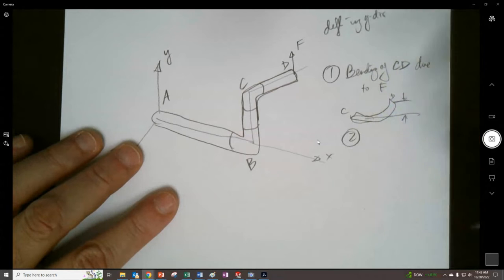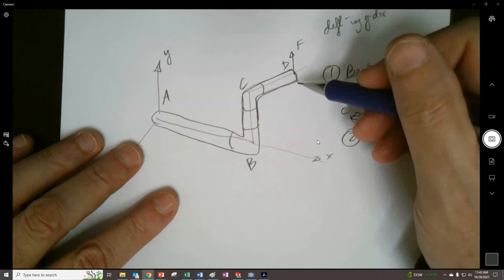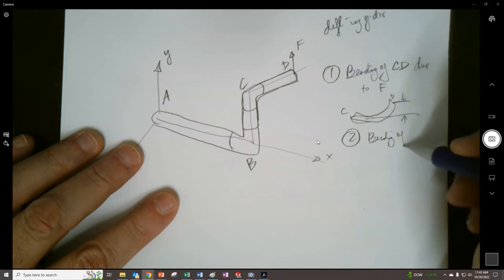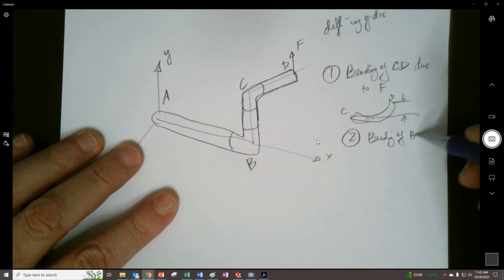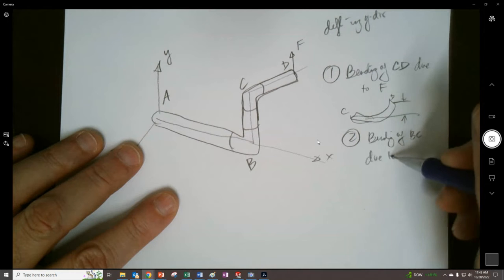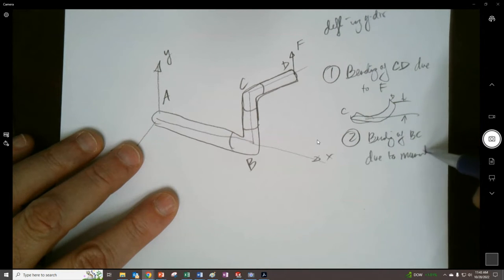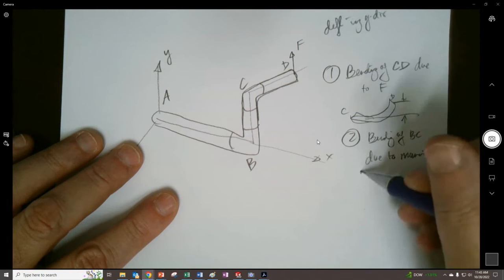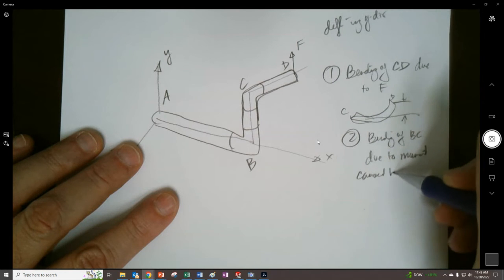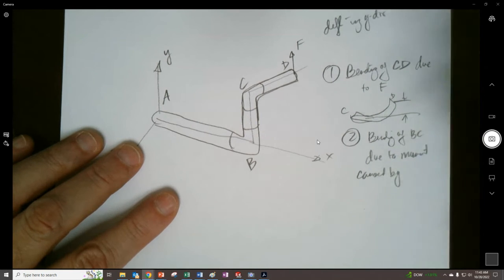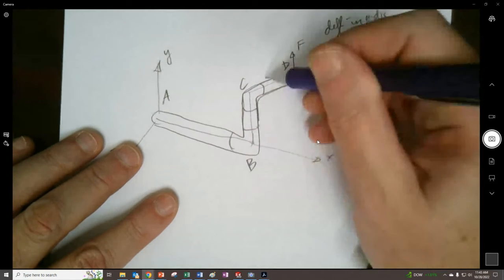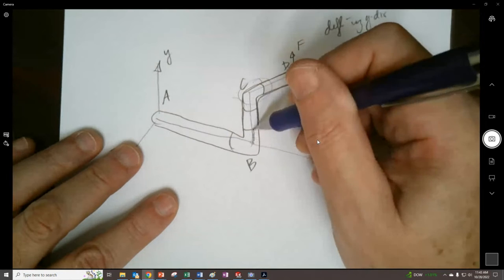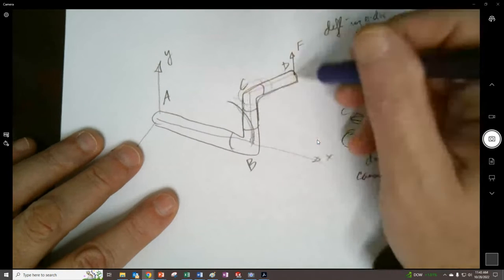I would say also bending of BC due to moment caused by, I'm trying to think of how to phrase it, but what I'm essentially saying is this guy is placing a moment onto here, so that's going to make this guy bend over, right?